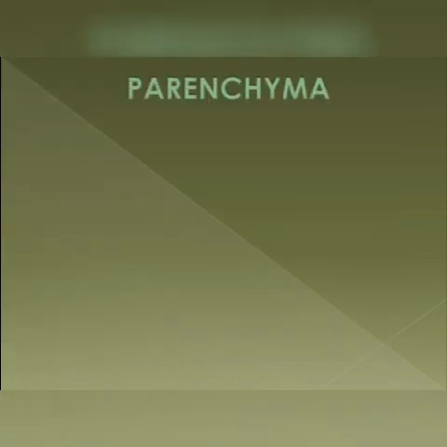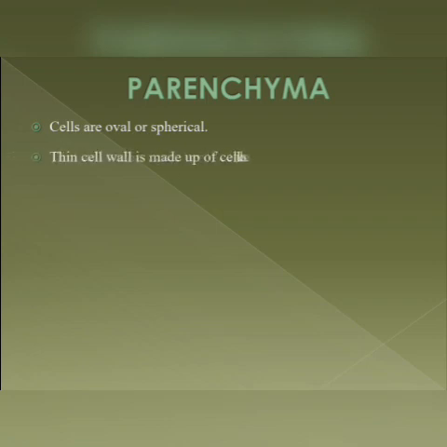about parenchyma. To understand parenchyma, we again have to go through the characteristics of parenchyma. The first point is cells are oval or spherical. The cells are seen to have a cell wall made up of cellulose.